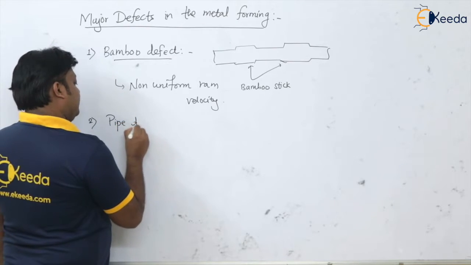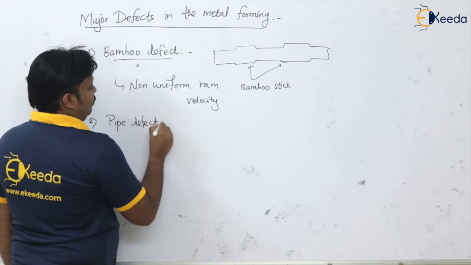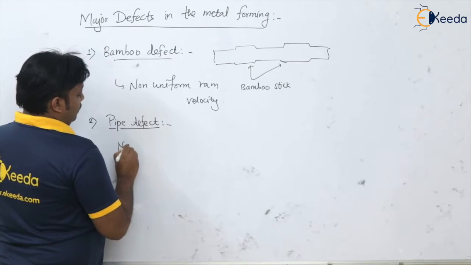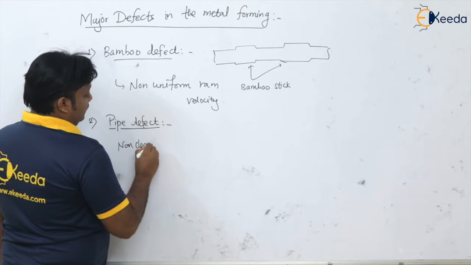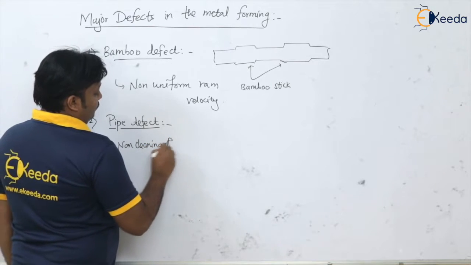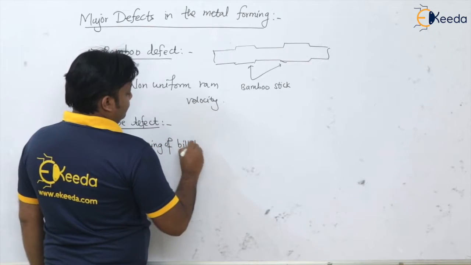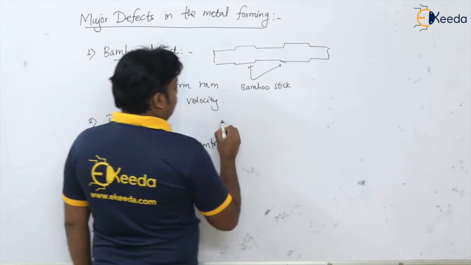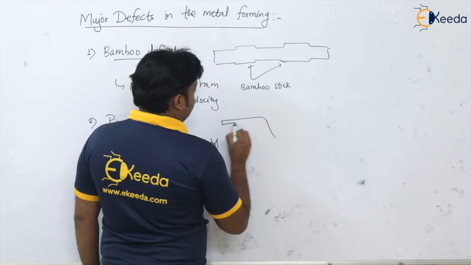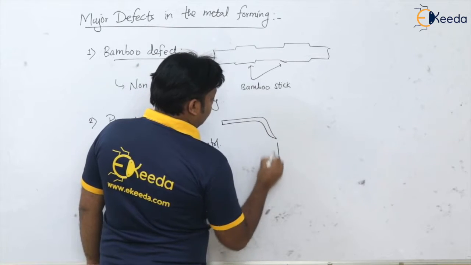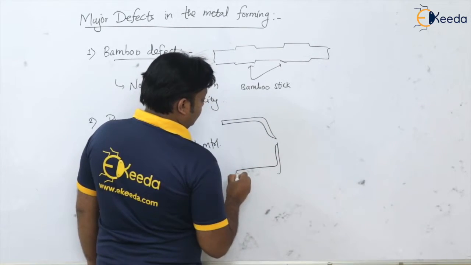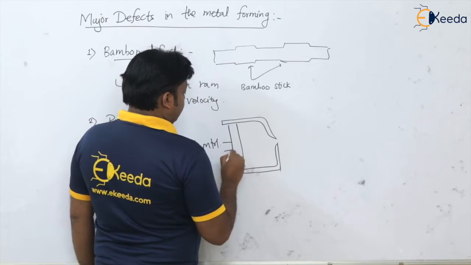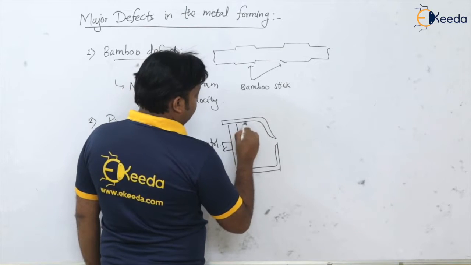Now the second defect we are having is the pipe defect. The pipe defect is because of non-cleaning of the billet material. In direct extrusion, say for example I am taking this ram and we are applying the force. This is the billet material.